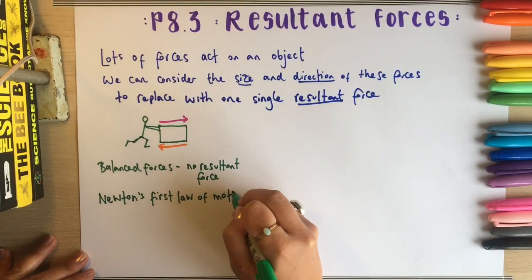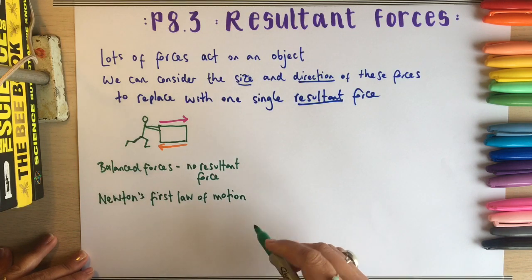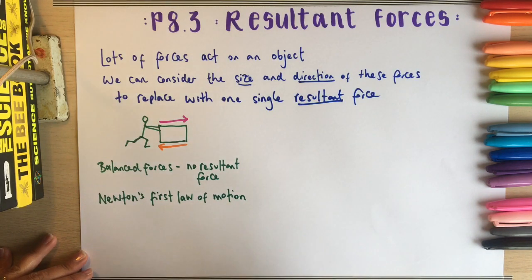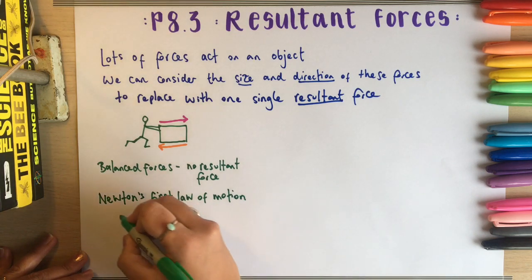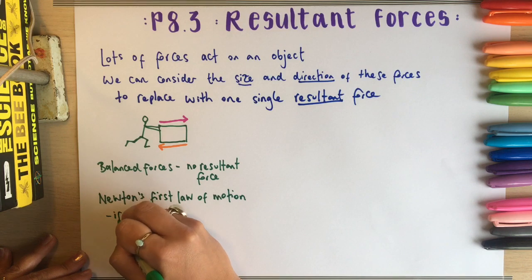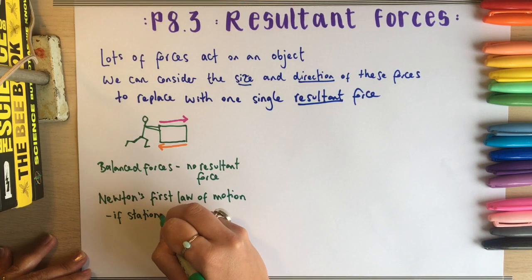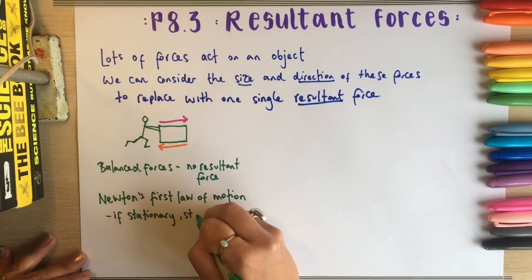We talked last lesson about one of Newton's other laws, but this lesson we're talking about Newton's first law of motion, which is basically that if something is stationary, at rest, it's going to stay at rest if there is no resultant force.